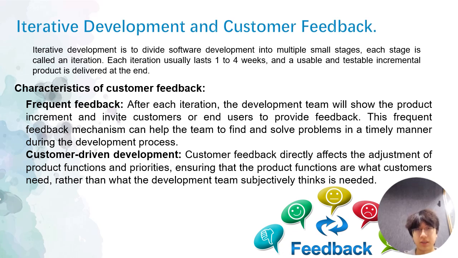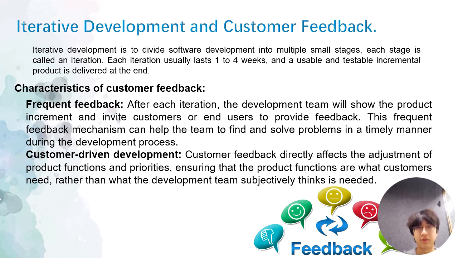There are some characteristics of customer feedback. First one is frequent feedback. After each iteration, the development team will show the product increment and invite customers or end users to provide feedback. This frequent feedback mechanism can help the team find and solve problems in a timely manner during the development process.